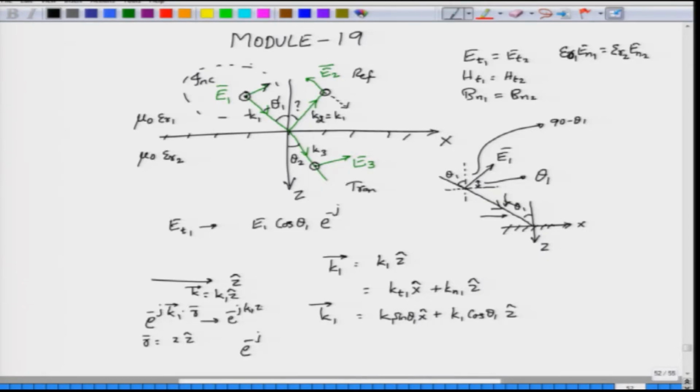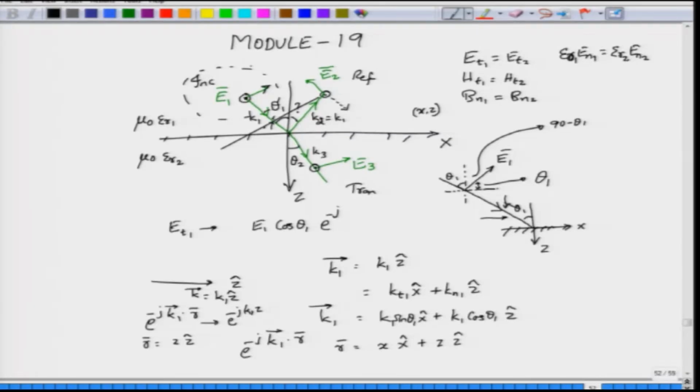But in this case the position vector can be in the x and z plane. At any point that you consider, it would be described by both x and z values. The phase factor will be e power minus j k1 dot r, where r is given by x hat plus z hat.